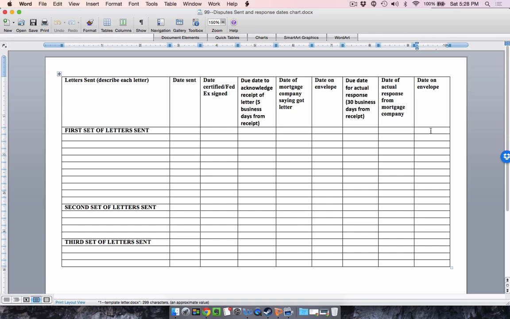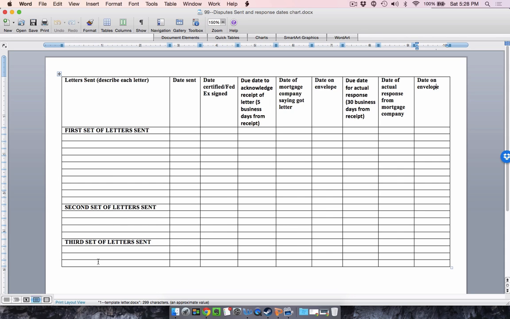Can we sue? Should we sue? Should we do more disputes? Or has a mortgage company done everything right? Occasionally that happens. Normally, though, if you've been persistent, sending letters, you got this first set, maybe you send out a second set, third set, fourth set, however many you do, and obviously take as much room as you need. This is just to show you on one page.